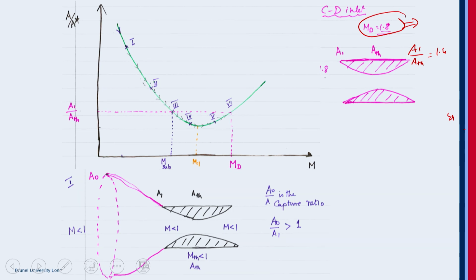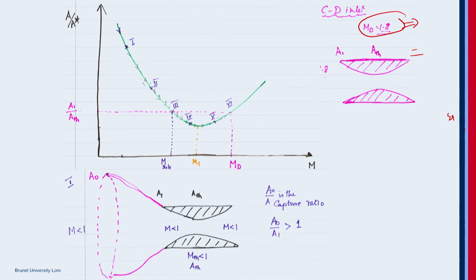Now what I'm going to do is to look at the sequence of events that happens when a supersonic aircraft is about to take off from the runway to accomplish its mission. What are the sequence of events that take place when an aircraft starts from rest until it reaches the design conditions? How are the external performance and the internal performance of the inlet?